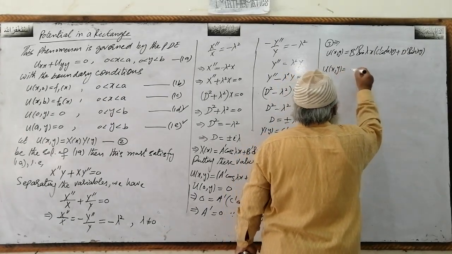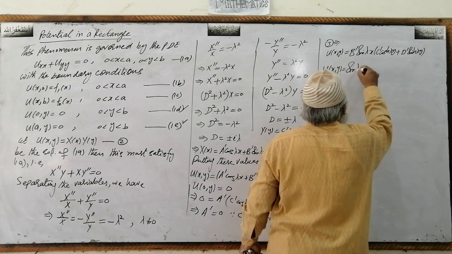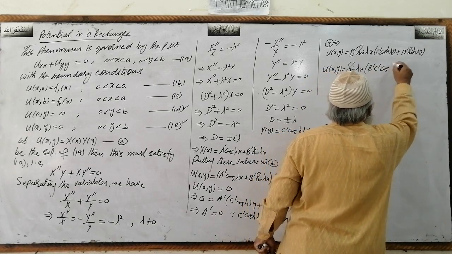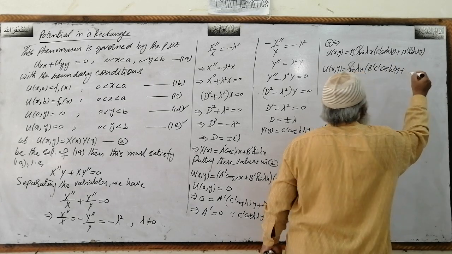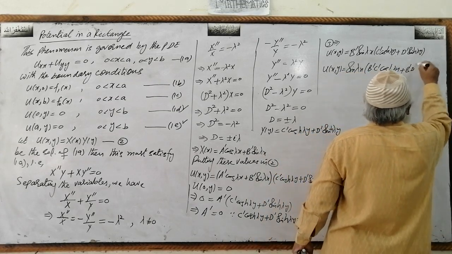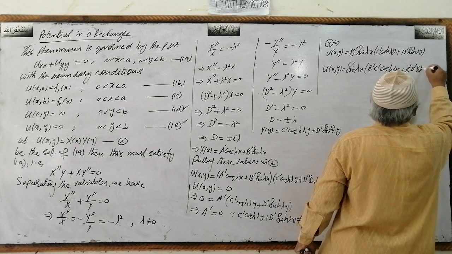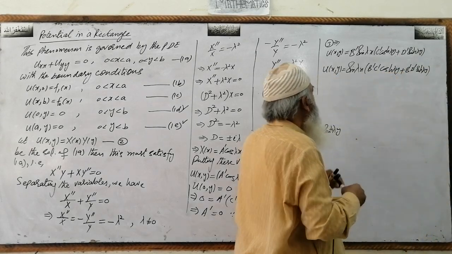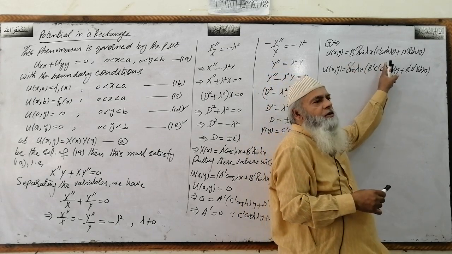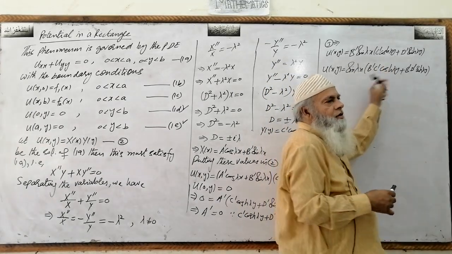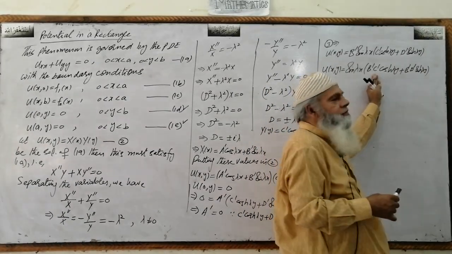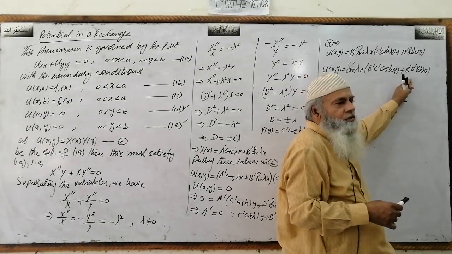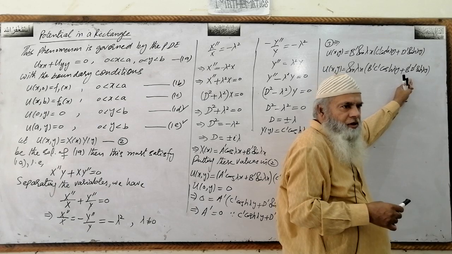u(x, y) is equal to sine lambda x into b'c' cos hyperbolic lambda y plus b'd' sine hyperbolic lambda y, and this b' will be absorbed in these 2 constants. When we multiply b'c', this will become another constant, and when we multiply b'd', this will become another constant.